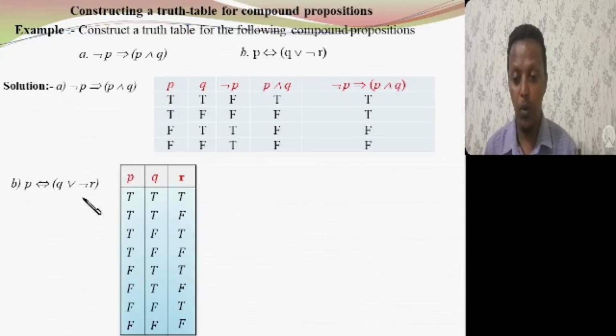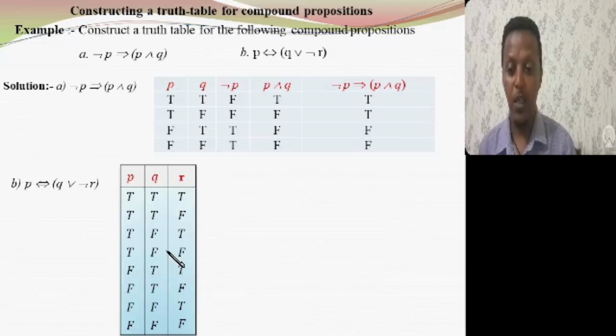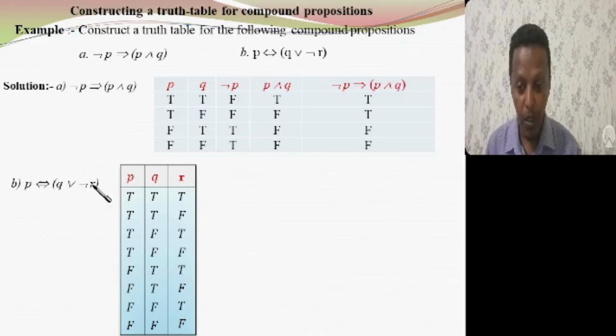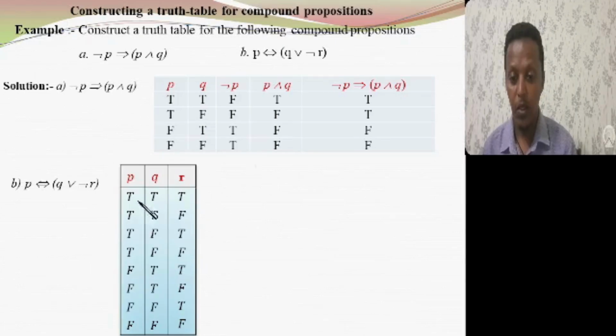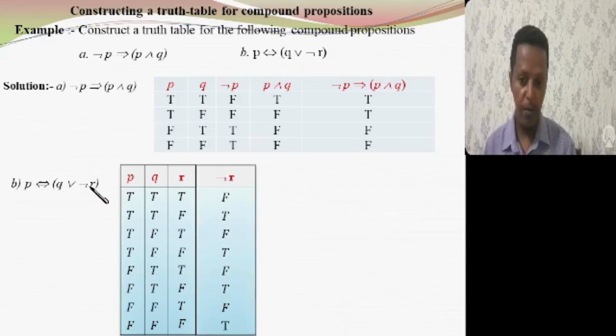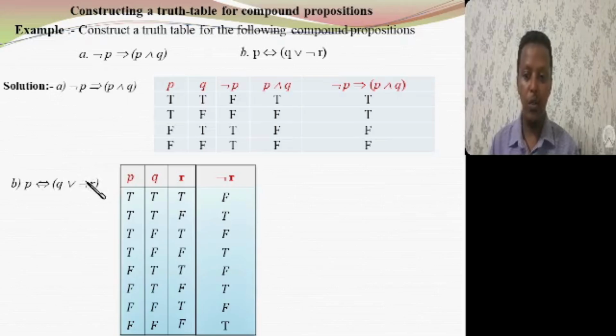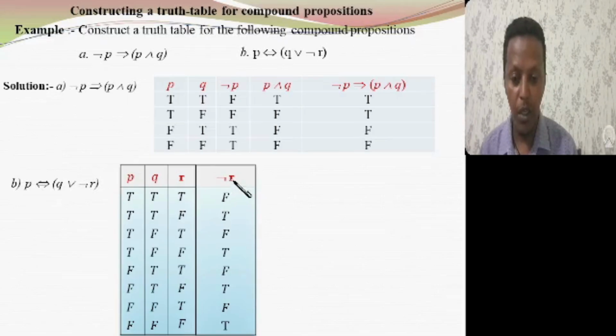In total, we have the 8 possible combinations of P, Q, R. Once we list them, for each logical connector we construct one column. Let's start with negation of R. To determine Q or negation R, first we need the truth value of negation R.